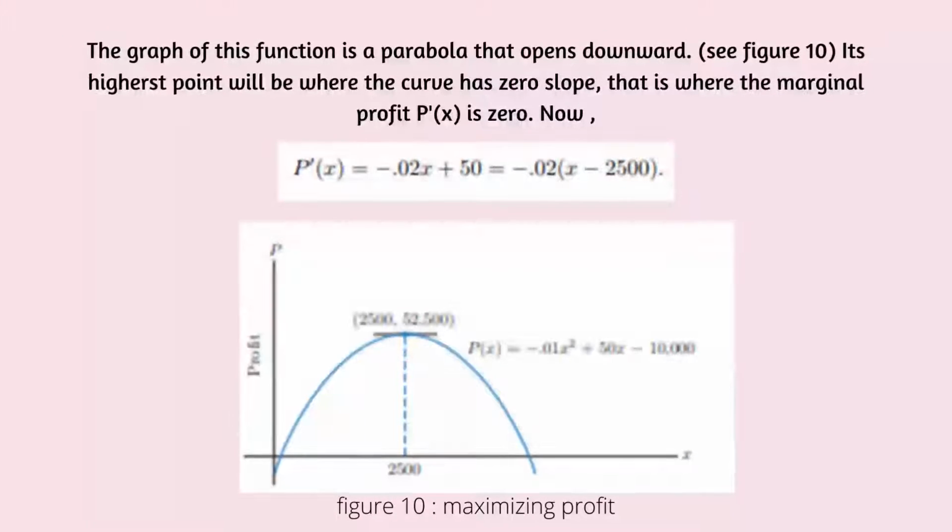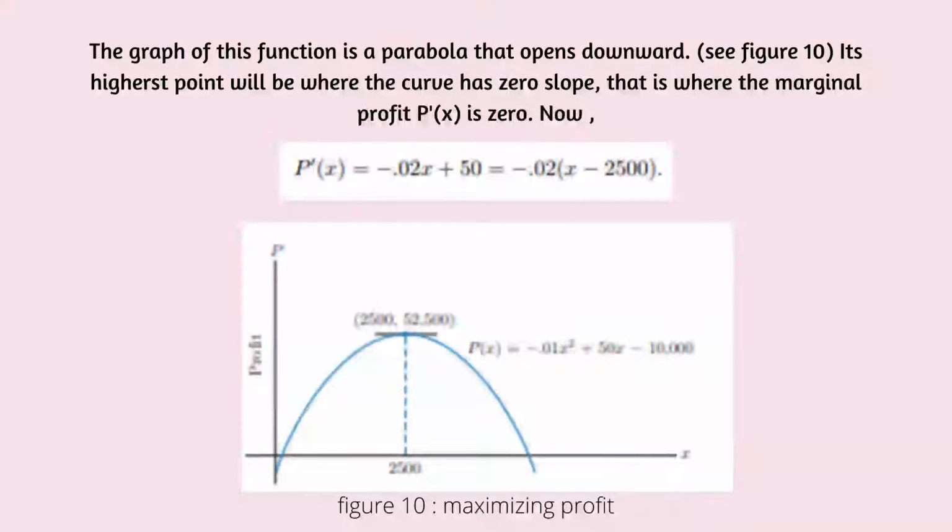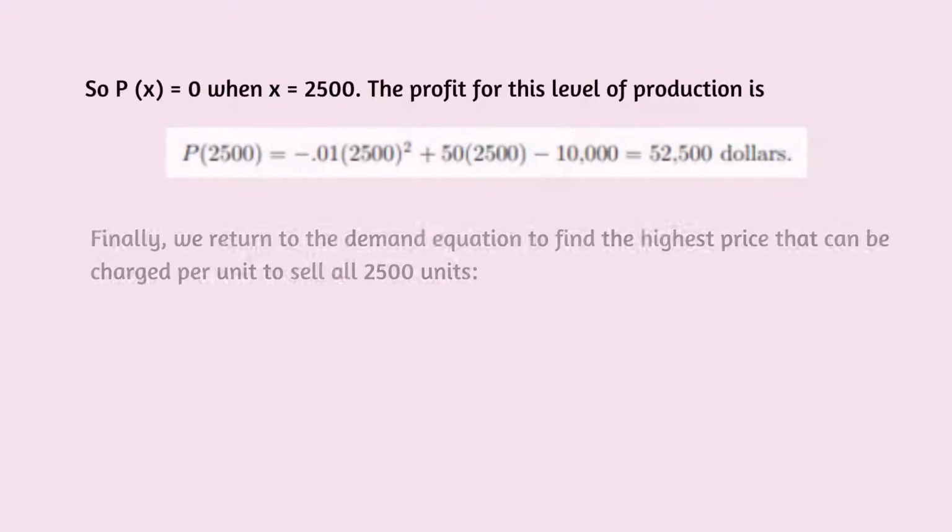Its highest point will be where the curve has zero slope, that is, where the marginal profit P prime x is equal to 0. Now, P prime x equals negative 0.02x plus 50, which equals negative 0.02 (x minus 2,500).